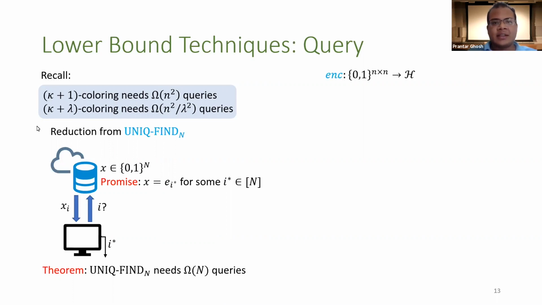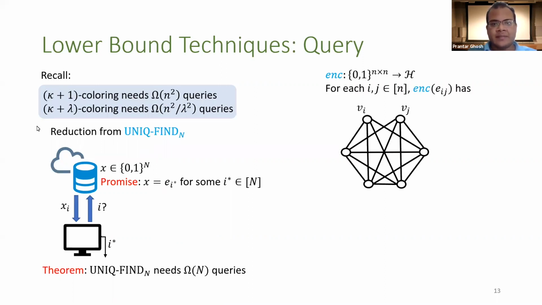Here's the reduction from this problem to our coloring problem. We encode the strings, n squared length strings, into graphs of vertex size n. So the set of n squared bit strings would be encoded into a class of graphs, which has the following property.